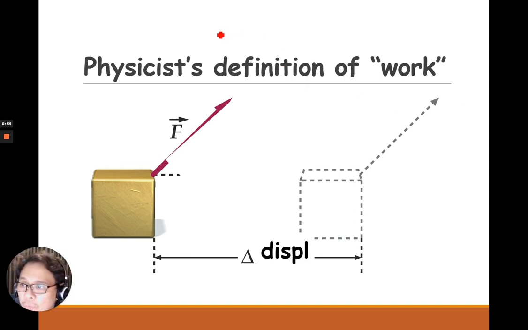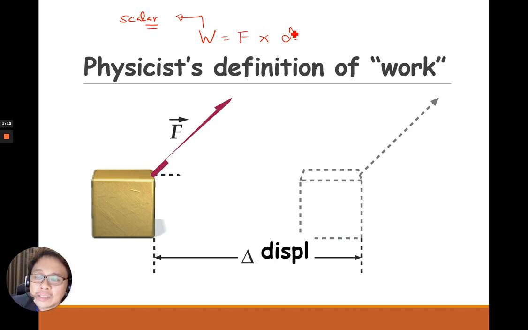So we define work in physics as the force multiplied by the displacement of an object. Force is a vector quantity, displacement is a vector quantity, but work is a scalar quantity. This will be explained later.